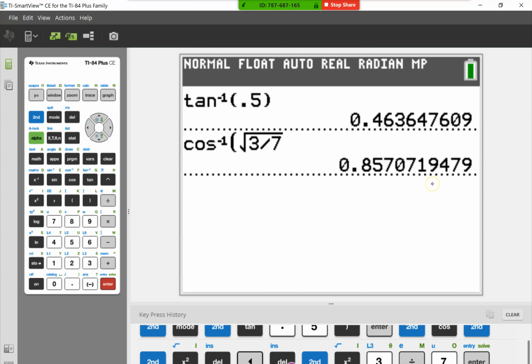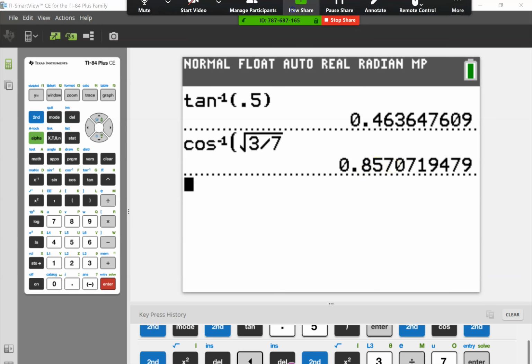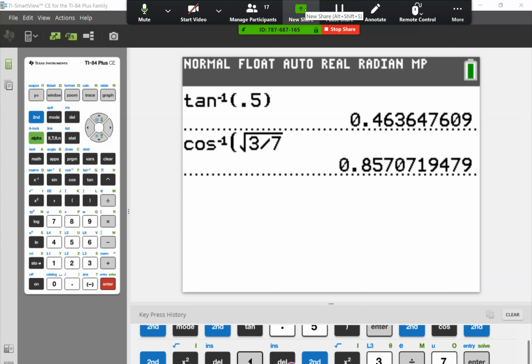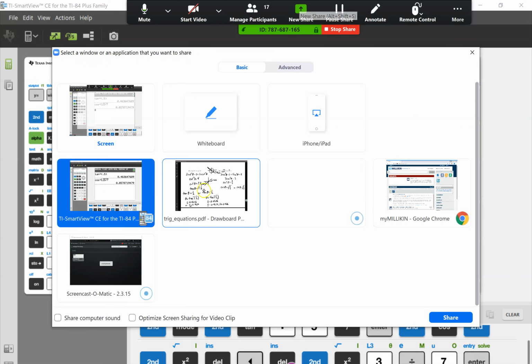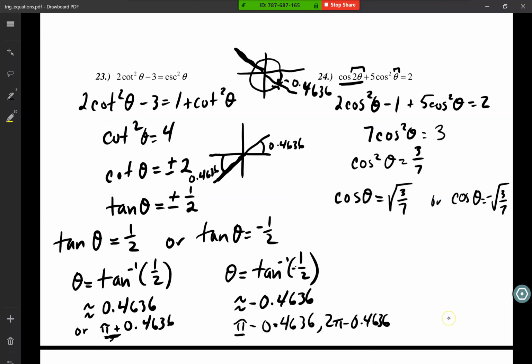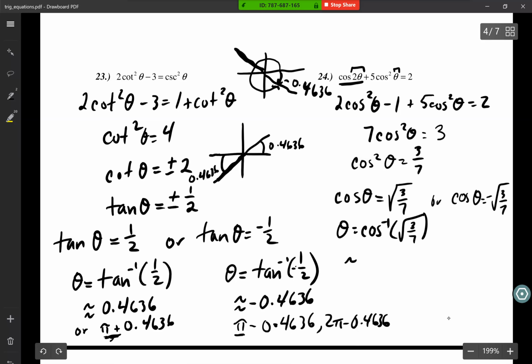So we get 0.8571 about. I believe Hawks usually asks you for 4 decimal places, so I'm going to round it to the 4th decimal place there. So when we do the inverse cosine of square root of 3/7, we get about 0.8571 for that one.